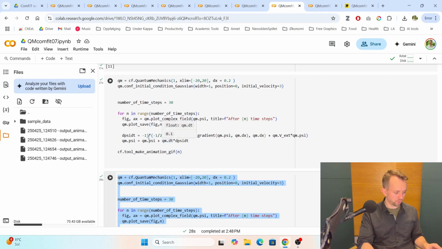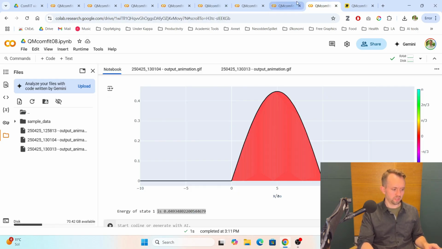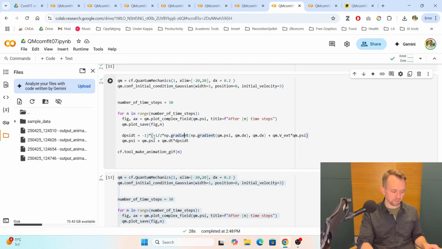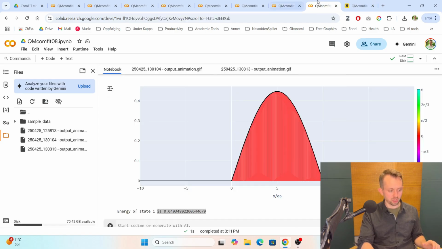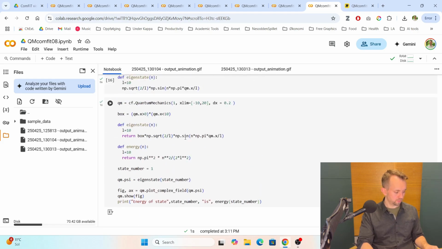So in the last video on the Schrödinger equation, we implemented this operator here in the time derivative, and this is actually the Hamiltonian operator. So I'm just going to copy this from there.